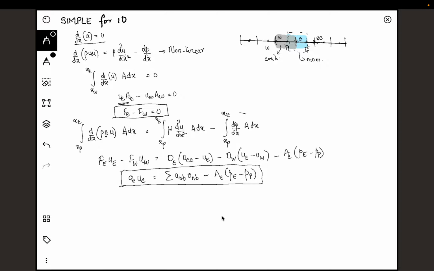So this can be written as some matrix A times U, this is some constant, I'll just take it to the LHS. So this will be A times U plus some matrix B times P equals 0. And this is also some constants getting multiplied to the u velocity, so this is some matrix D times U equals 0. So this will be my one equation and this will be my second equation.